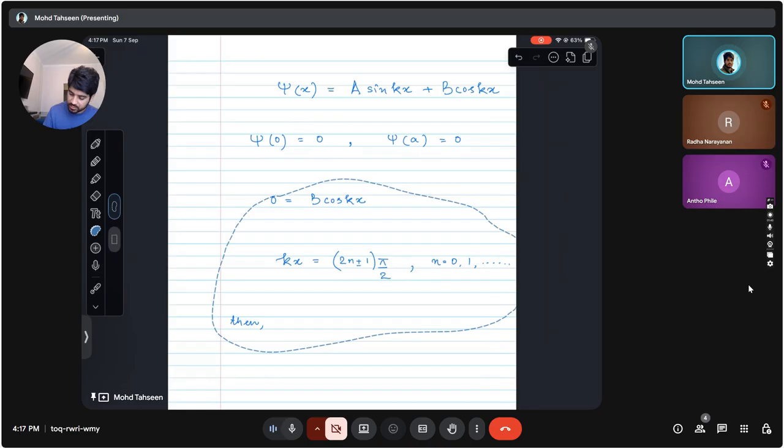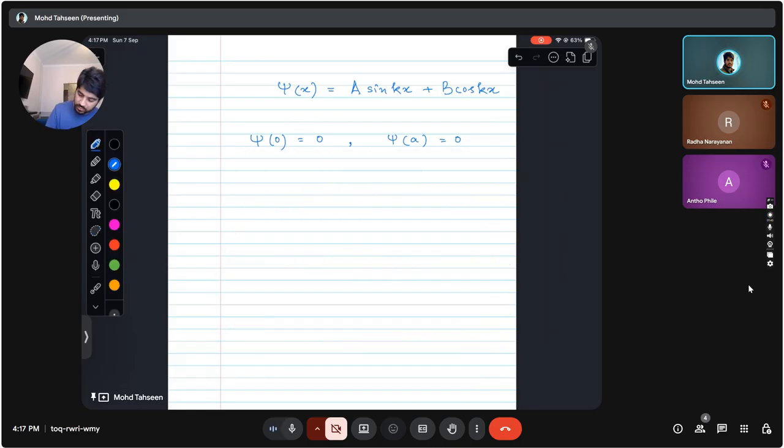I am substituting x equal to 0 here. So cos 0 is 1. So when I substitute this, there will be no cos term because cos 0 is 1. This would mean that b is equal to 0, right?